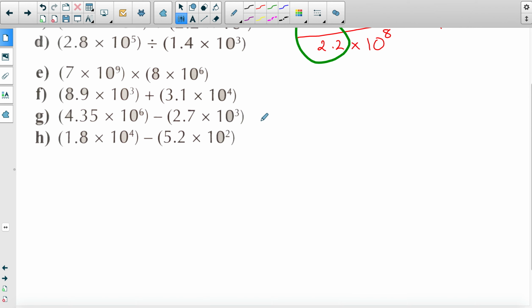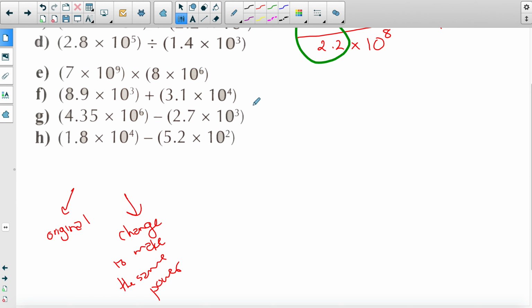And so the best way in this case is either to write it as an original number, so non-standard form, or you can change them to have the same power. I'm gonna try both. So for part F, I'm gonna try both methods.